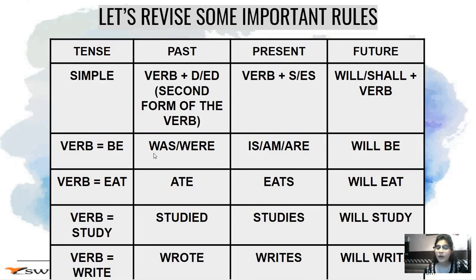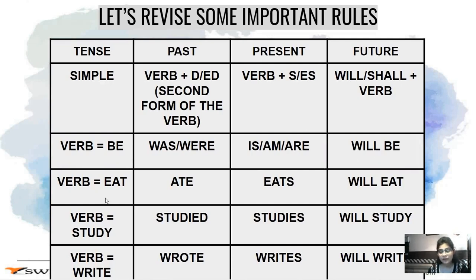When we talk about the continuous process of past, we will use was plus verb. When we talk about the present continuous tense, we will use is, am, are, and will be.